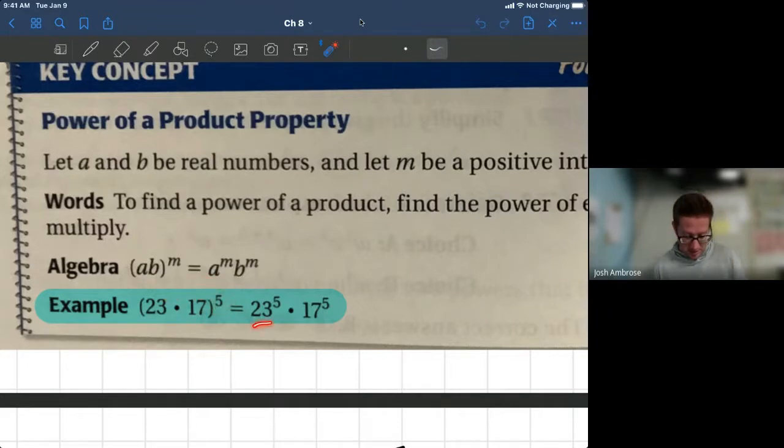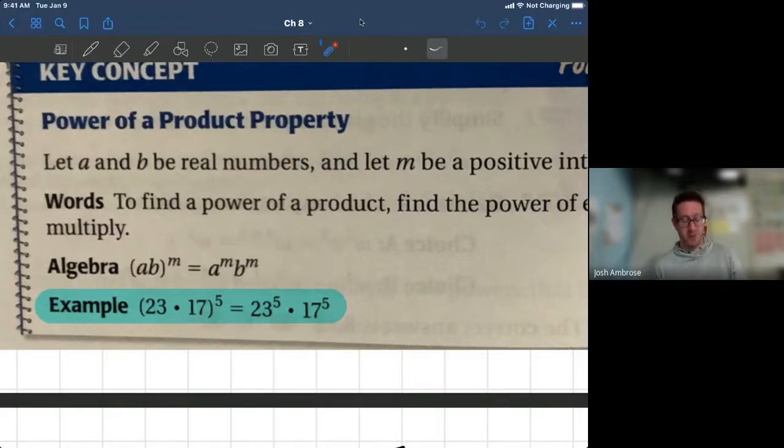And that's why you get 23 to the power 5, because we distributed that power 5 to 23, and then 17 to the power 5, because you distributed the power 5 to the 17. So you can expand it out a little bit, because this right here is a little bit more expanded than this right here.